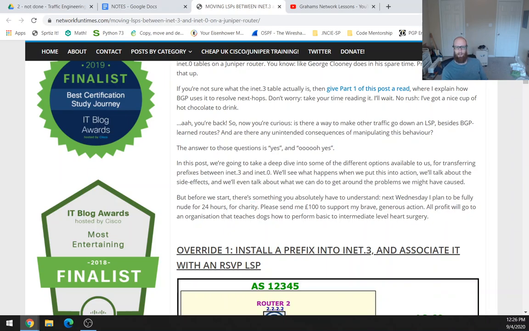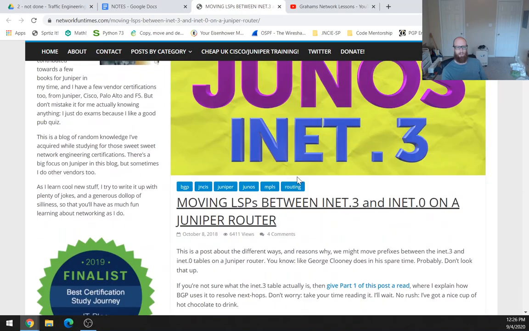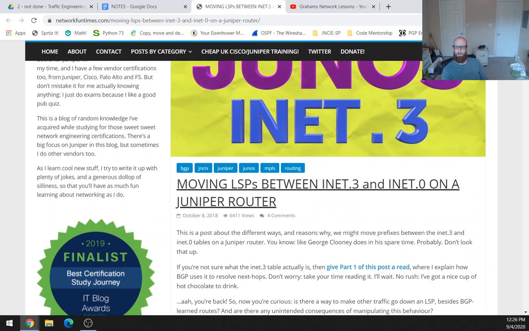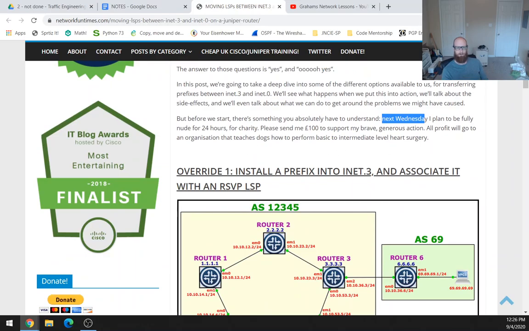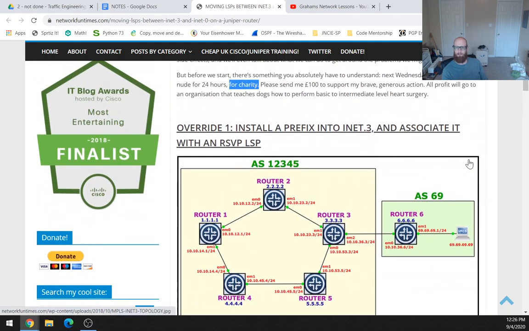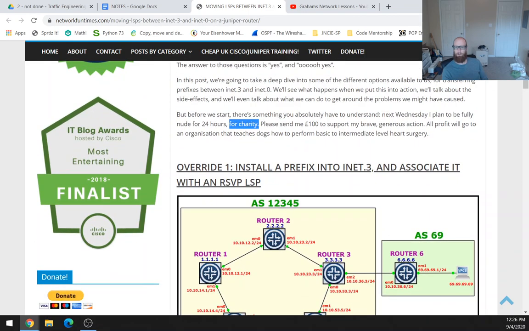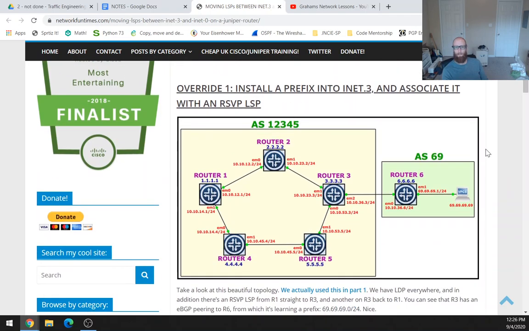So it is nice to hear that in the case of next Wednesday, which was 2 years ago, he did spend 24 hours nude for the purposes of charity. A little concerning that there might have been other instances where it wasn't for charity, but perhaps I am reading too far in between the lines.